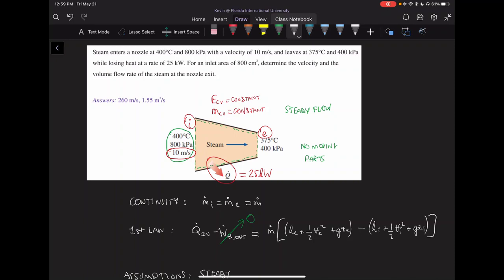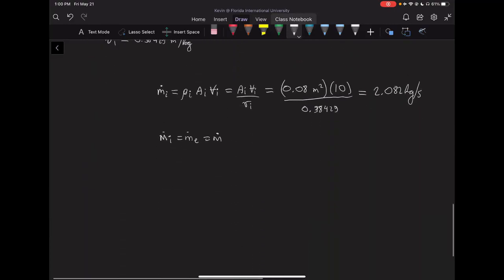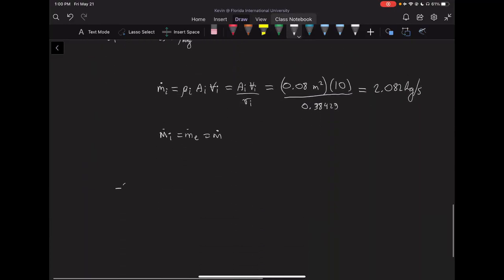So we know that we have 25 kilowatts exiting the system every second, essentially, or 25 kilojoules exiting the system every second. So it's losing heat at that rate. So that means that Q dot in is actually a negative because we're losing heat. So Q dot in is equal to minus 25 kilojoules per second, or kilowatts. I'm going to put it in kilojoules for a certain reason.